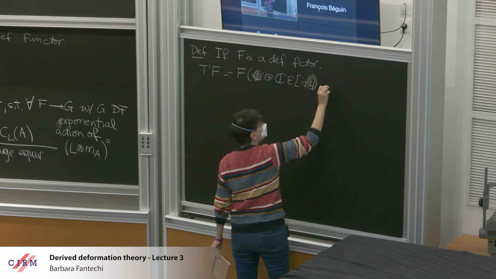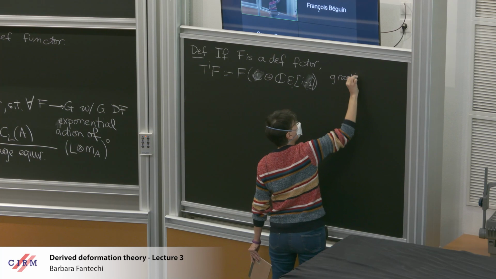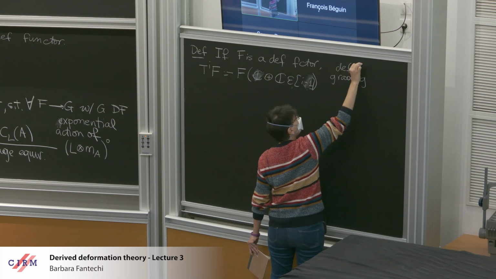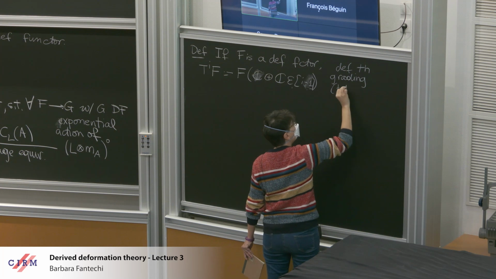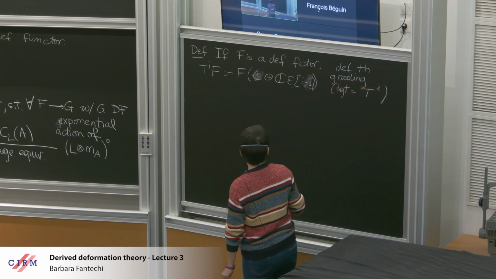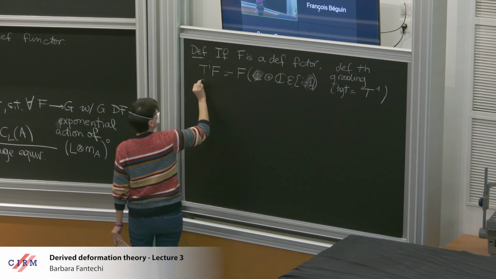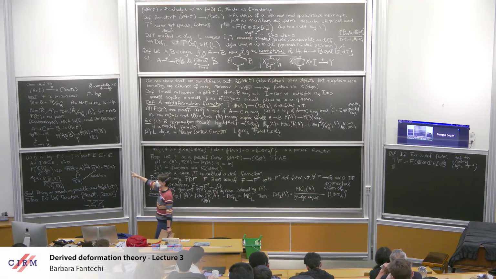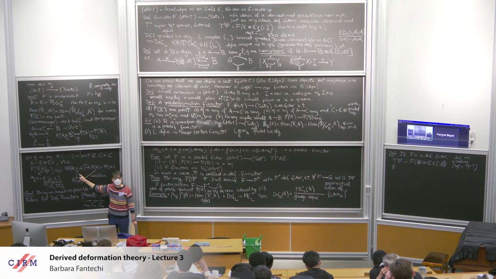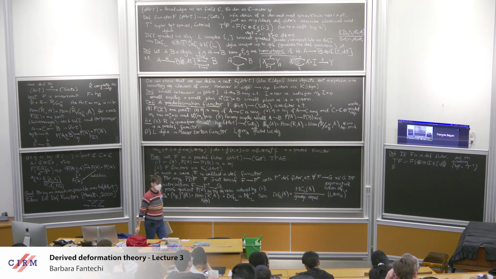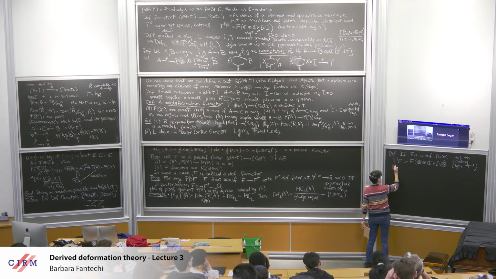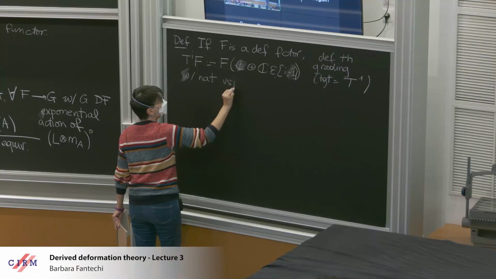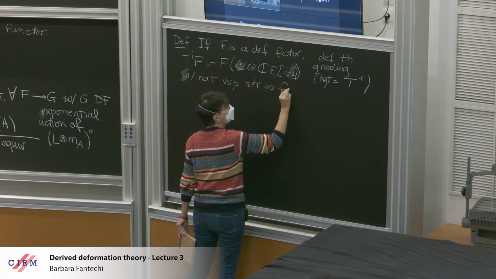So this is the grading in the deformation theory grading, so that the tangent is T^1. And it is clearly functorial. So it has a vector space structure which is induced exactly in this way, and you can show it has a natural vector space structure, and thus functorial.